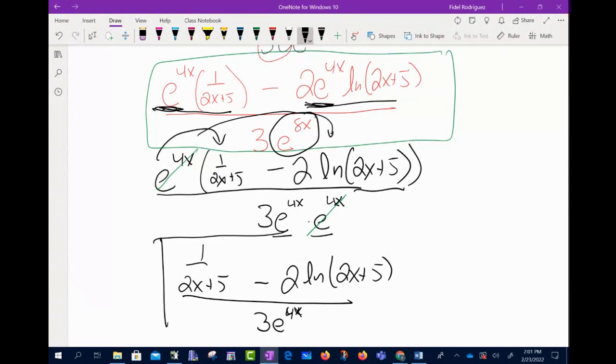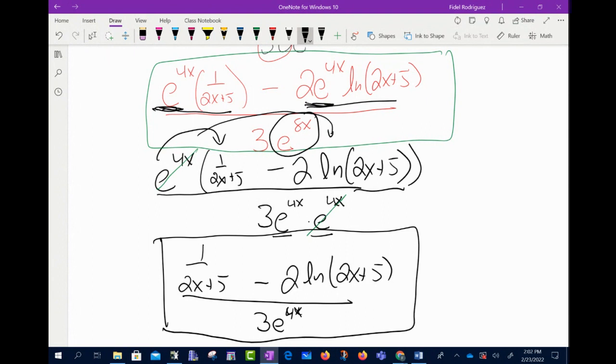So this is just a more simplified version, okay? Again, y'all, I'm not saying that the red one is not correct. It is correct. It's just we could simplify it a little bit more. Just like we said, oh, look, we can divide all those numbers by 12. We can really get an e to the 4x out, okay?